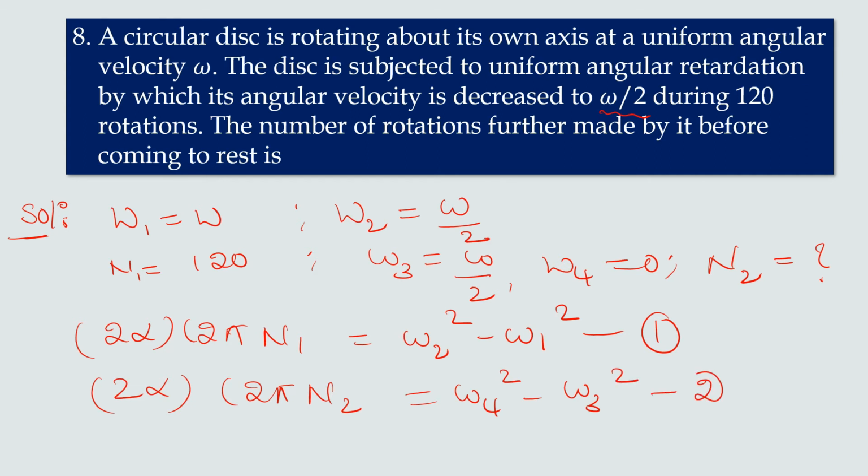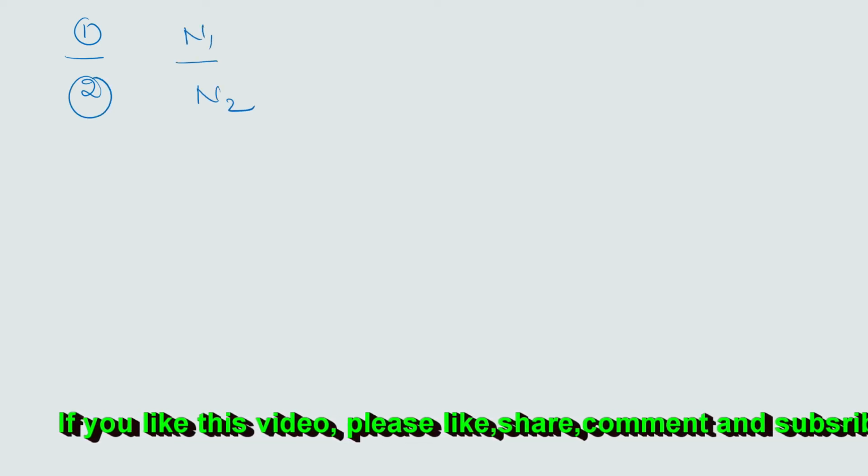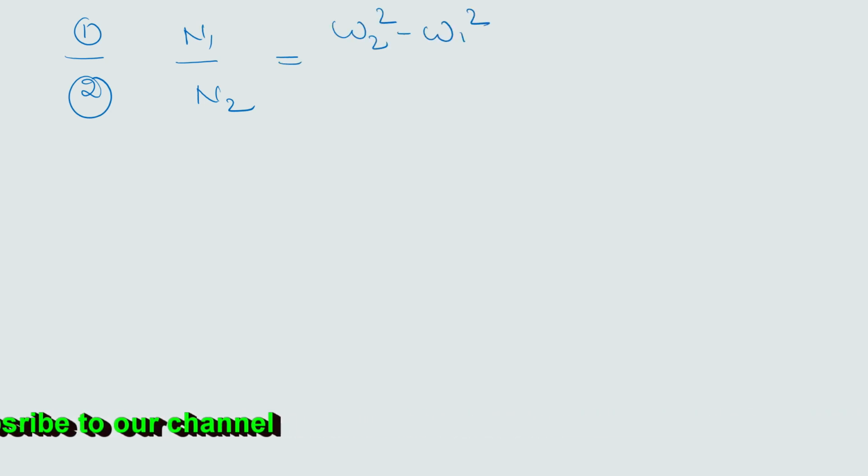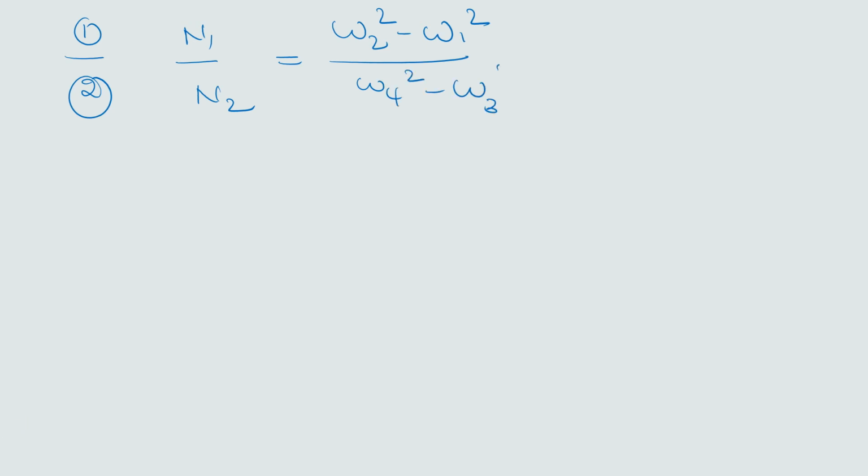This is equation number 2. Now doing equation 1 by 2, that is n1 by n2 is equal to omega 2 square minus omega 1 square by omega 4 square minus omega 3 square.